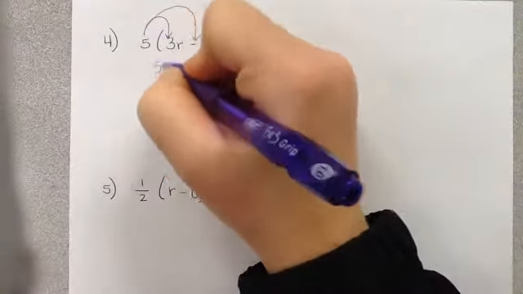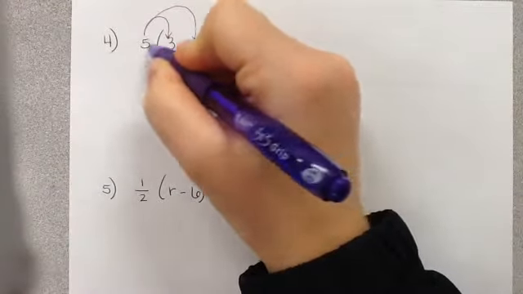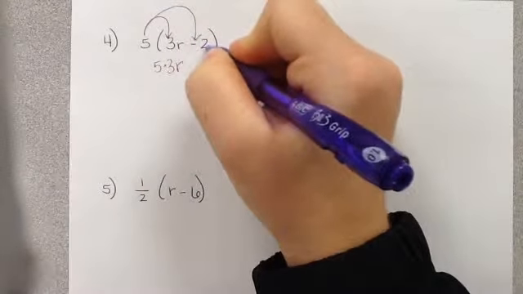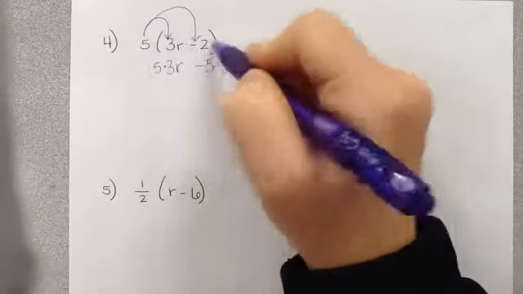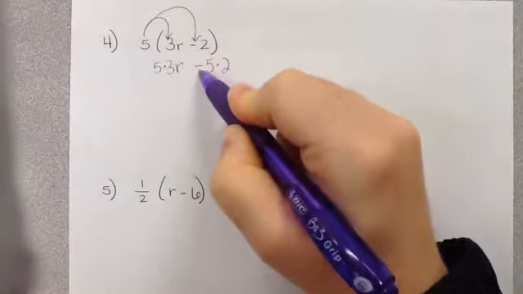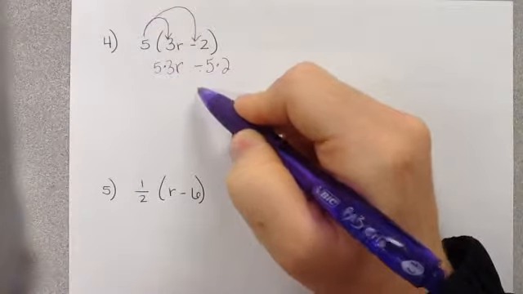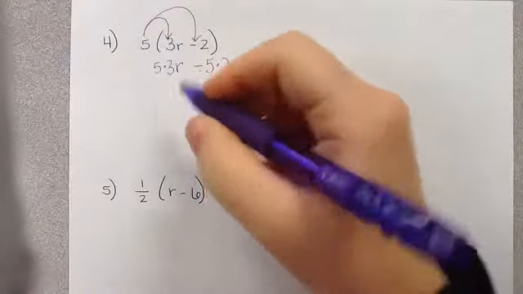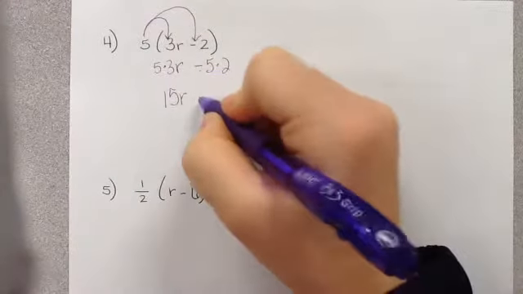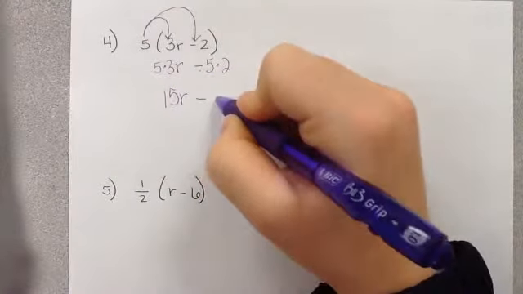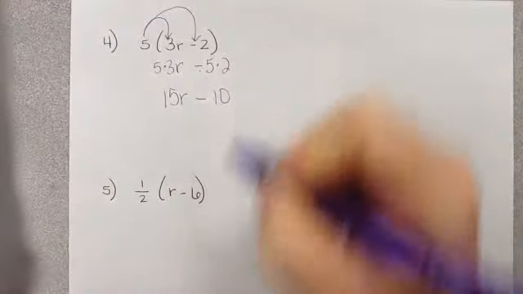So 5 times 3r, and 5 times a minus 2 will be a minus 5 times 2. The signs don't match, so it'll be a negative. 5 times 3 is 15r, minus 5 times 2, 10.